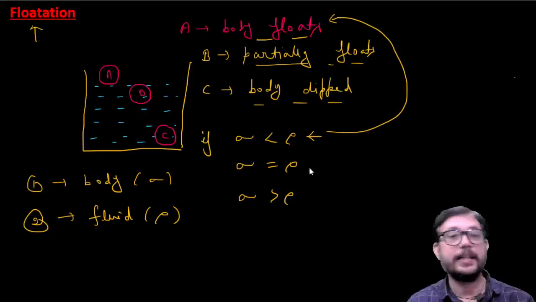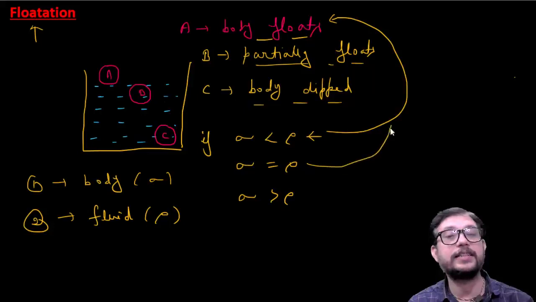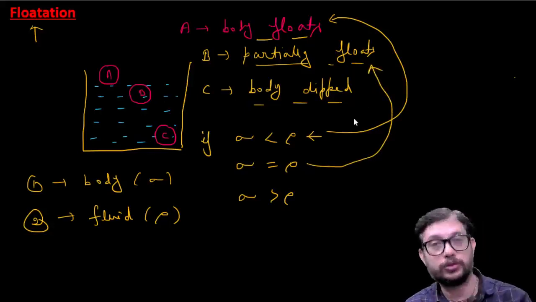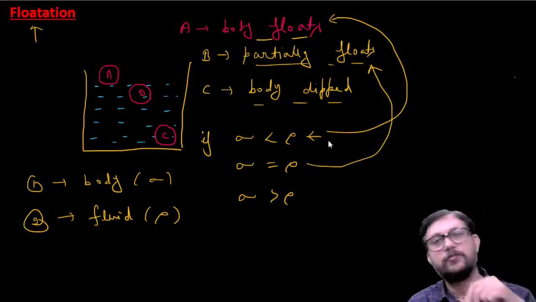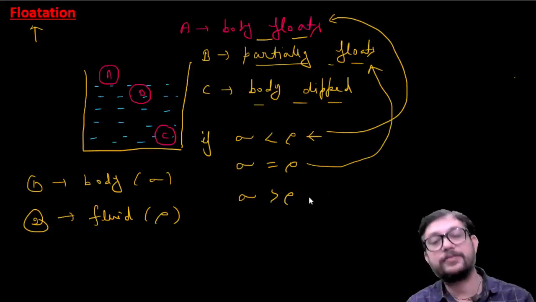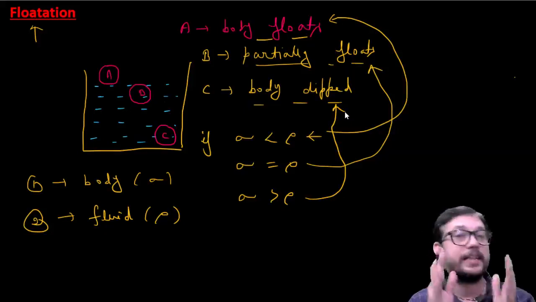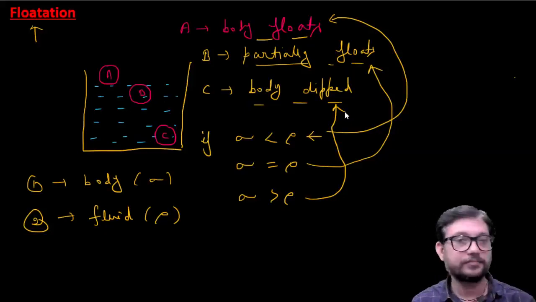If rho is equal to sigma, it partially floats, half inside the fluid and half outside. If the density of the body is greater than the density of the fluid, the body simply dips inside the fluid.